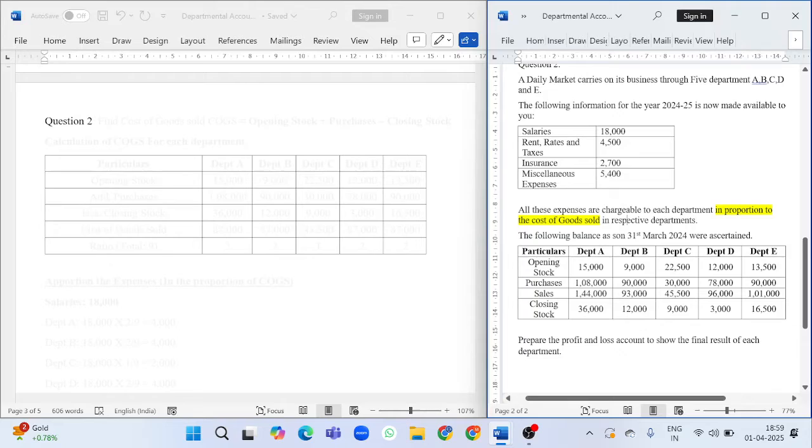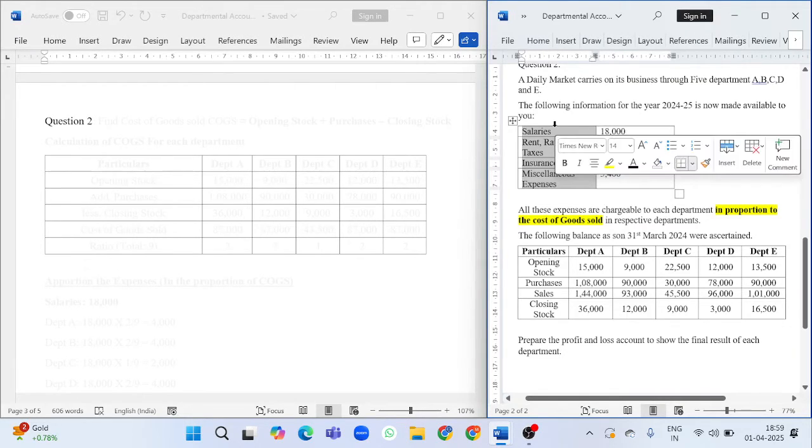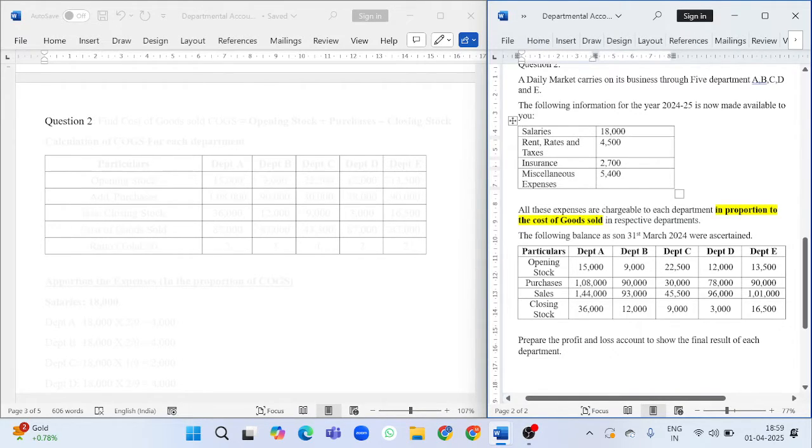Very important point: all these expenses they have given as common expenses. They have not mentioned for each department how much is the salary, or how much is the rent, or how much is the insurance. Overall, including all 5 departments, they have mentioned.